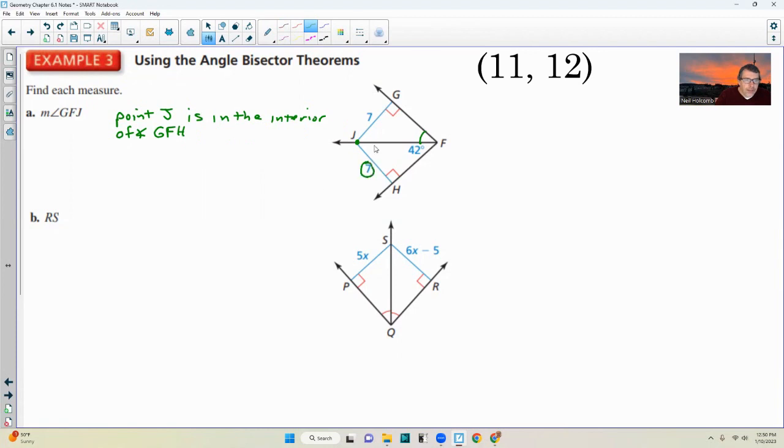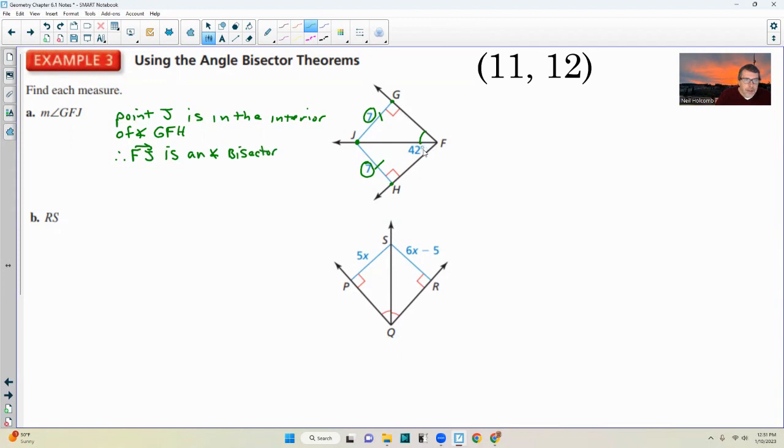Notice this 7 right here and this 7 right here. That means JG is equal to HJ or JH. Okay, so since J is in the interior and the perpendicular distances to the rays are equal, then we can conclude ray FJ is an angle bisector.